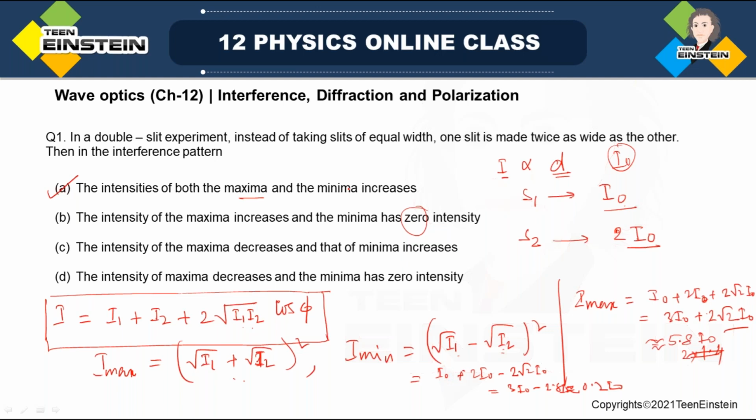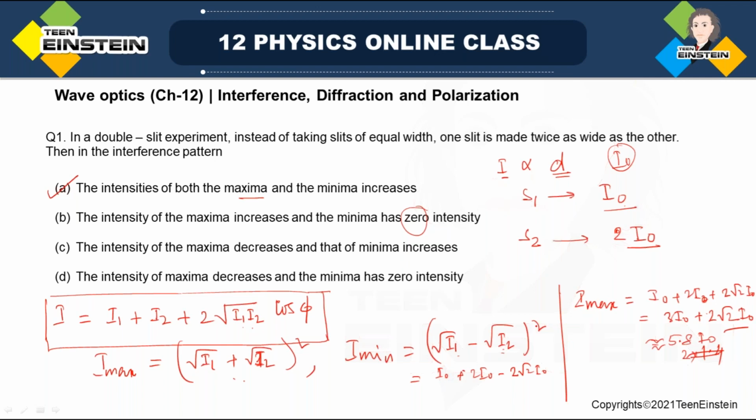I hope I could explain this, or are you satisfied with this? So what is the point here? The point is that you have to know the expressions for the maximum and minimum intensity.